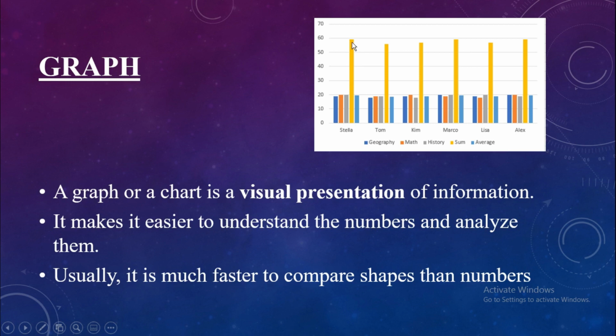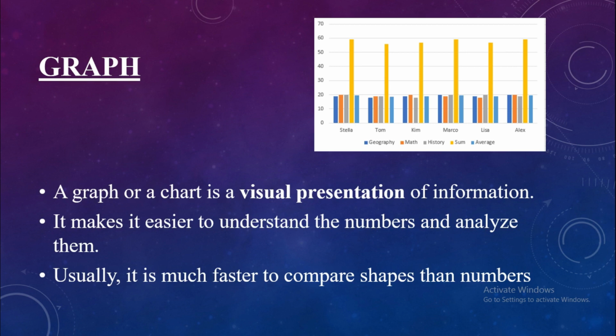So it is much faster to compare the shapes than the numbers. So a graph or a chart is a visual representation of the information. It makes it easier to understand the numbers and analyze them. Usually it is much faster to compare shapes than the numbers.